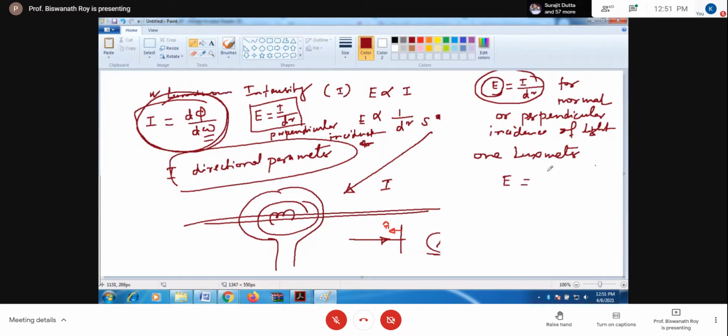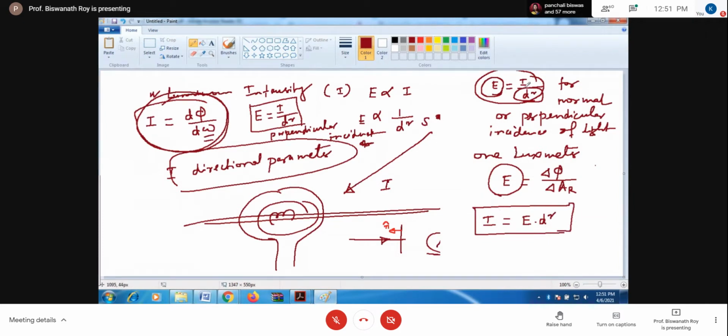E is defined by del phi by del A, with A the receiving area. So with the calibrated lux meter, I can get the value of E, and I can measure the distance d from the optical bench. So I is calculated with the help of this formula.